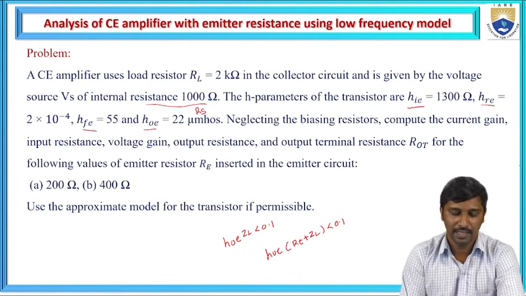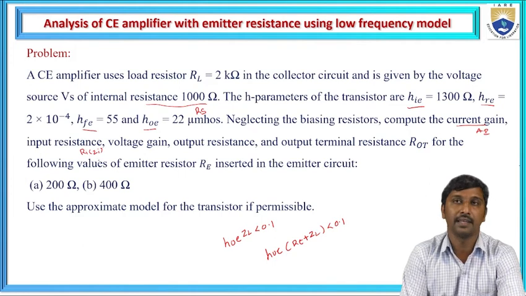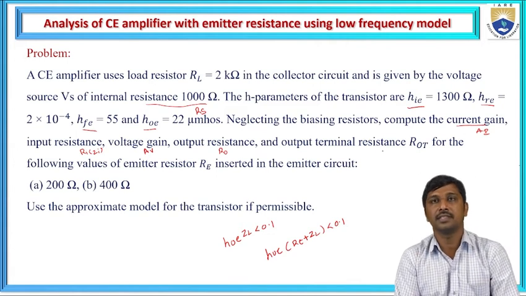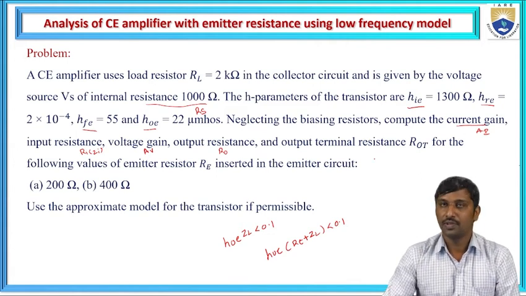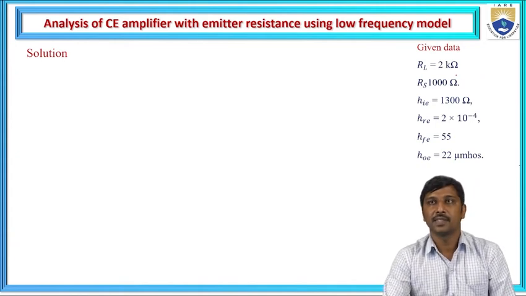Now we need to calculate the current gain AI, input resistance RI, or you can also write ZI, input impedance, voltage gain AV, output resistance RO, and the total output resistance. So let us consider these as the given data from the specifications.